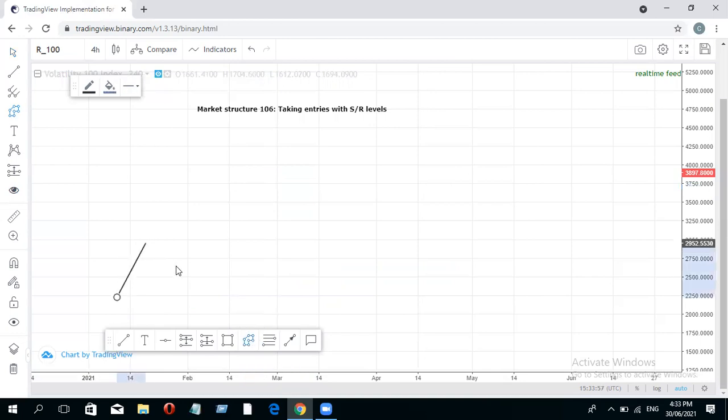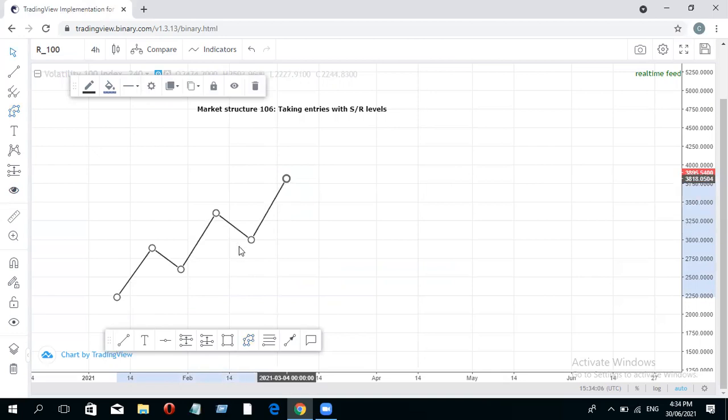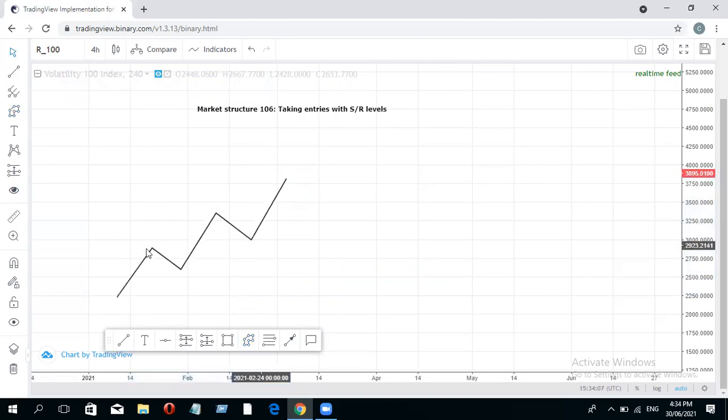For instance, if the market is a bullish market, the market is making higher highs and higher lows. I said this in the market structure video. If you haven't watched it, please do watch it. So this is the higher low, the higher high, the higher low, the higher high, and all of that. So you want to take your entries when the market comes down to this point.